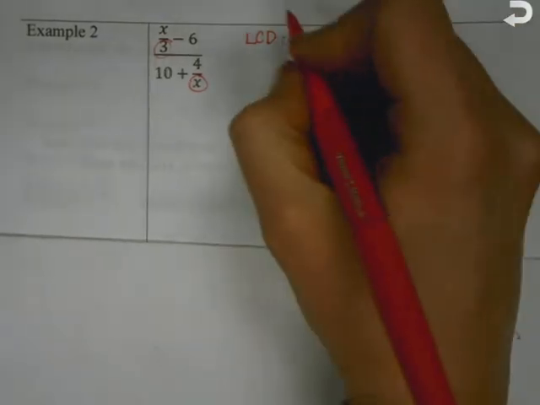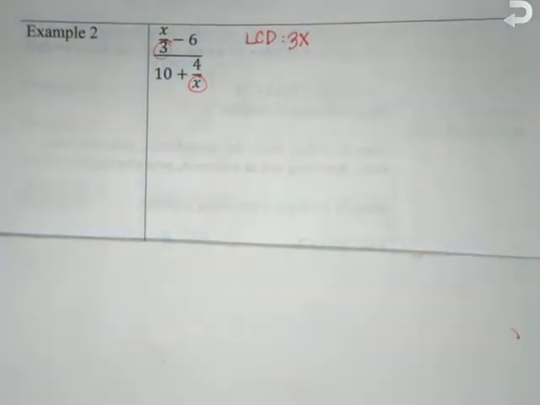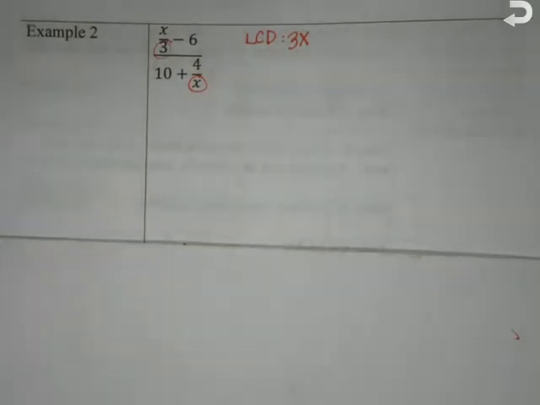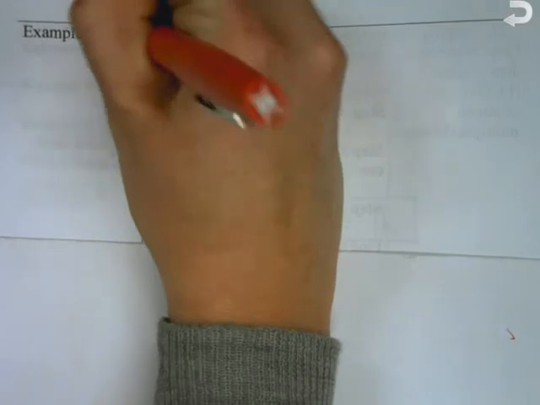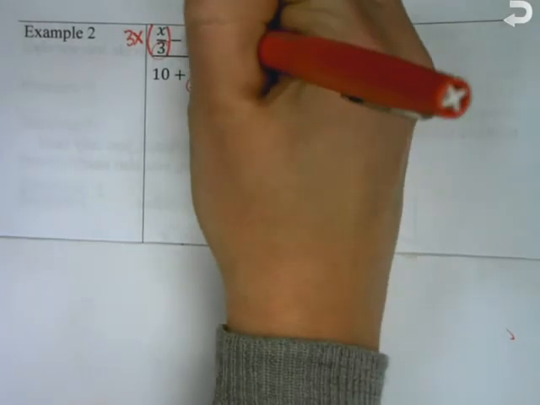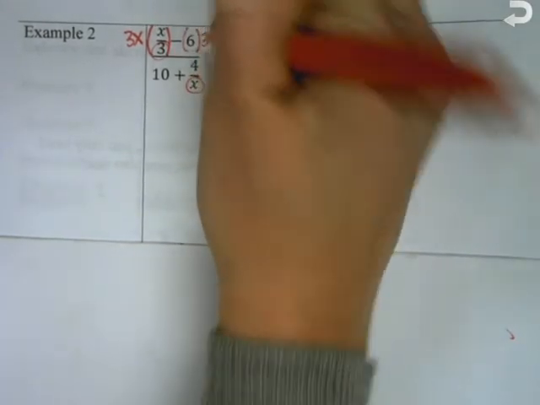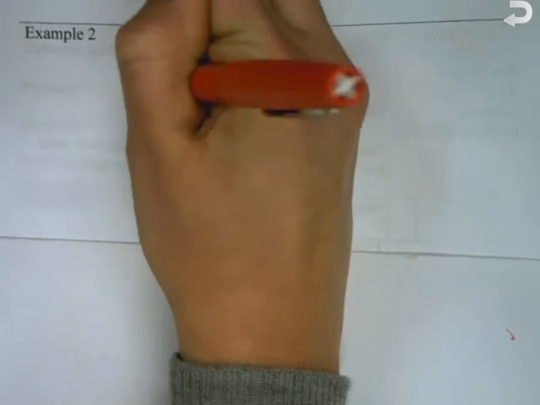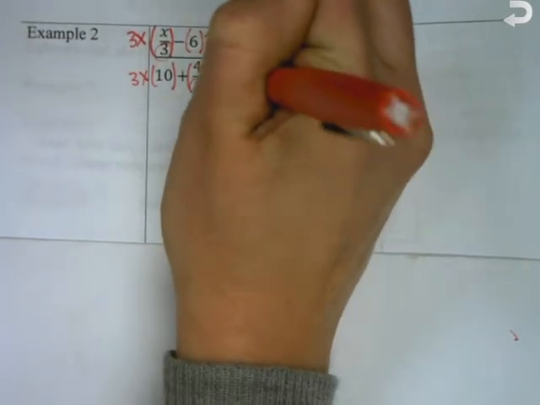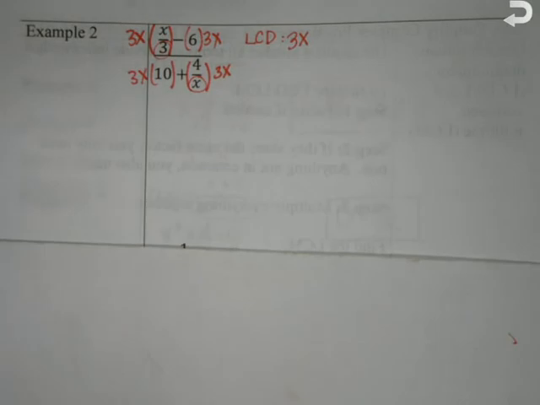So let's multiply every single term by 3x. Question, when I'm multiplying every term by 3x, what property am I using?